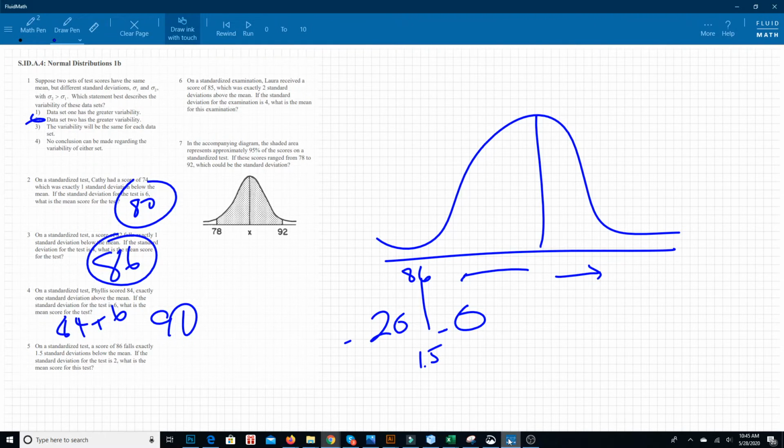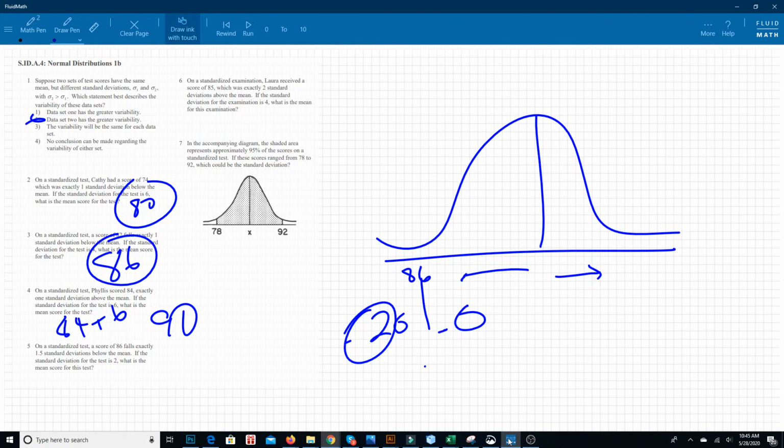So think about it. Standard deviation will be 2, right? And they tell me that 1.5 standard deviations is going to be 86. So one and a half away from it is 86, right?